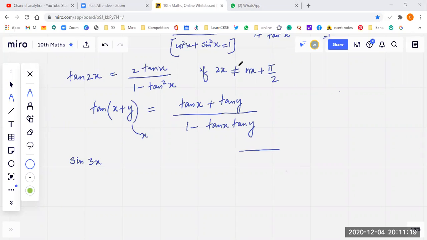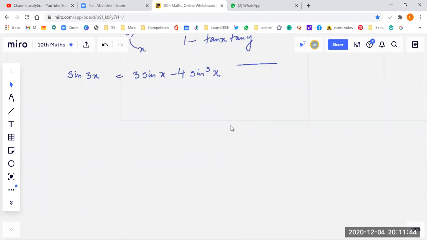Sine 3x is equal to 3 sine x minus 4 sine cube x. How are we going to prove it? We're going to prove this one also. Oh, just a second.